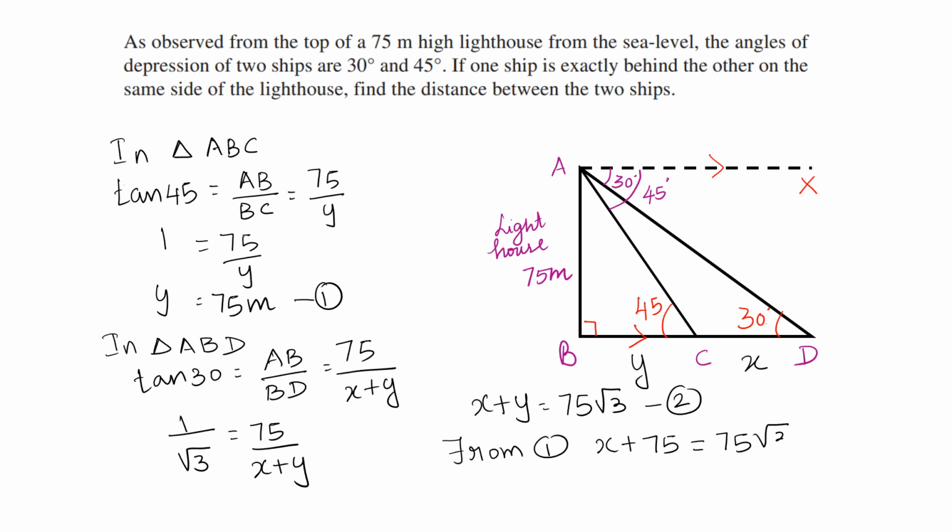So what is X? X equal to 75 root 3 minus 75. Take 75 out. When you take 75 out, you will get 75 into root 3 minus 1. So this is the answer.